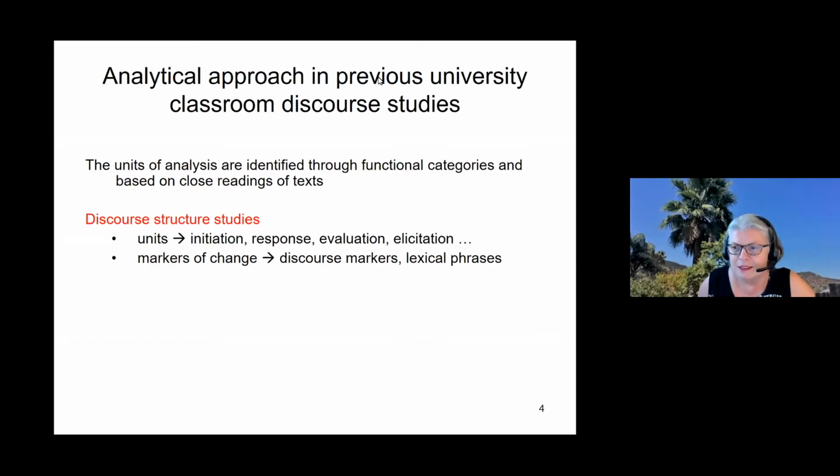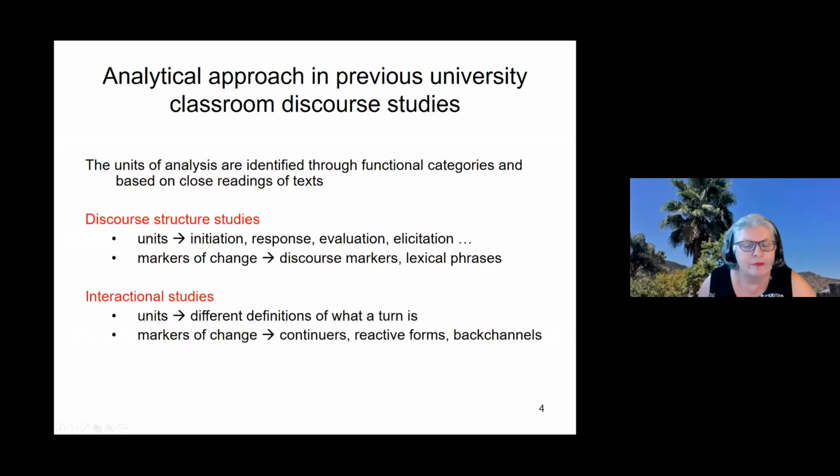in discussing these areas. In interactional studies, again, the units are identified ahead of time, just like in the discourse structure studies. They are basically functional categories that people define first, and then they look for them in the text, okay?